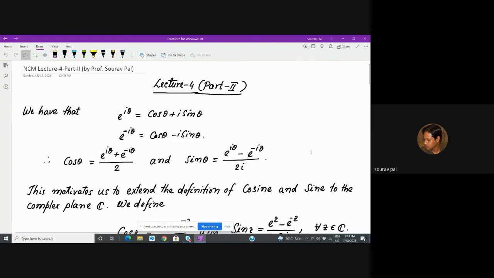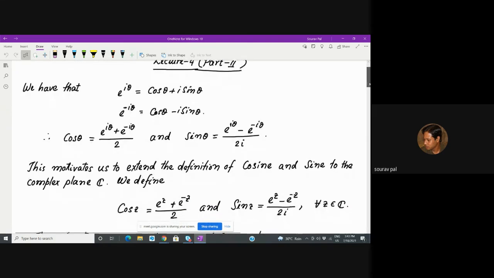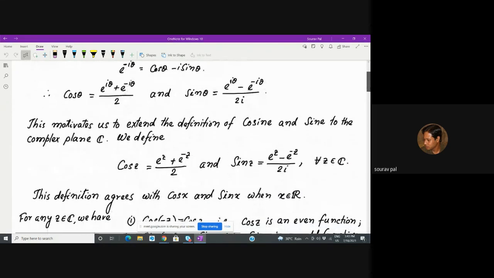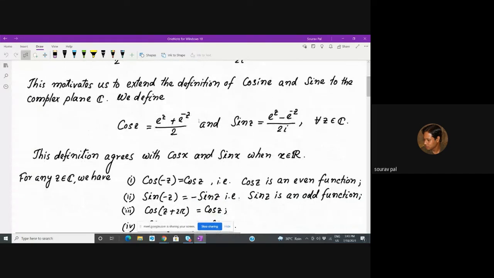Okay. Now the point is that this gives us motivation to go beyond the real line and go to the entire complex plane. Let us define cos z and sin z this way in a similar fashion, so that it agrees with our definition on the real line, whatever we have learned in real analysis.